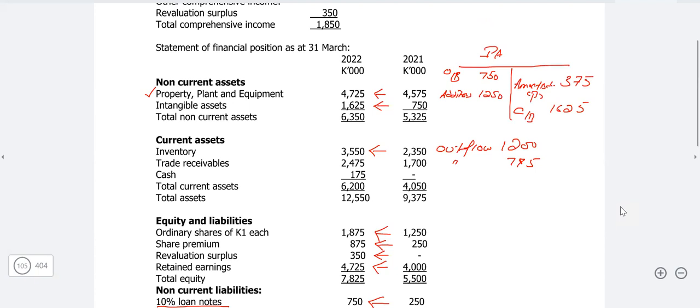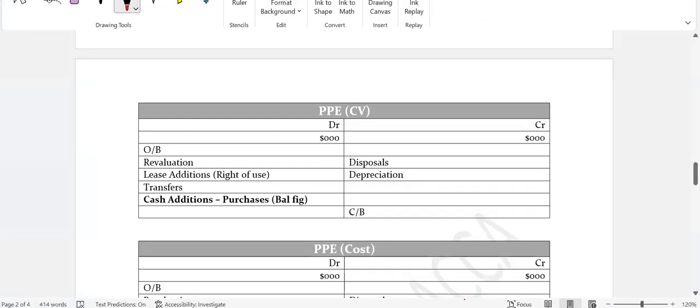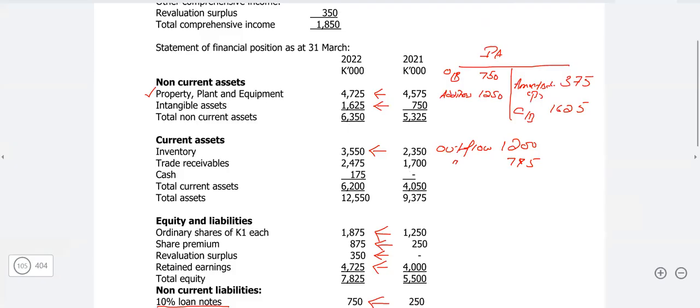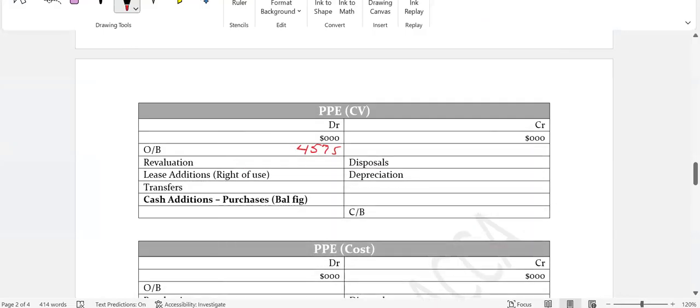The opening balance is 4575. And then we put the closing balance, which is 4725. Now we have the disposal, and we need to write the depreciation.